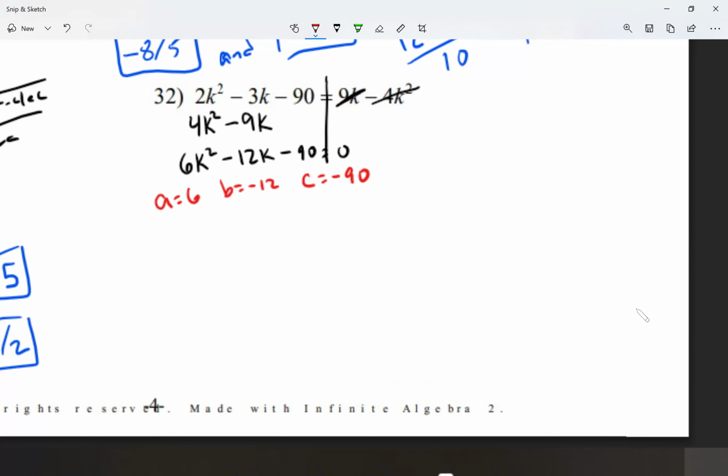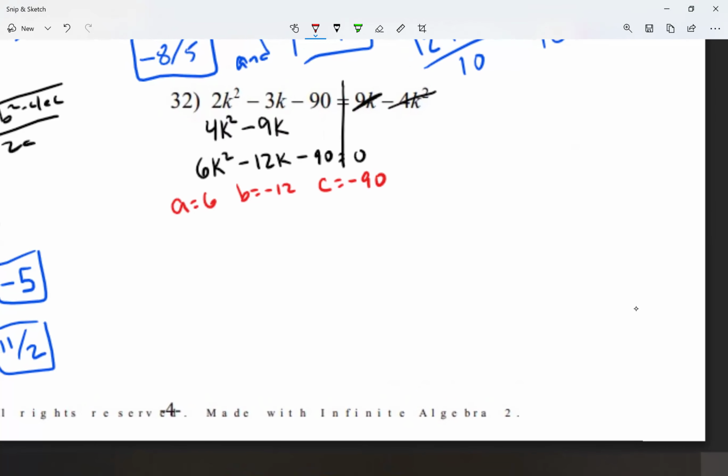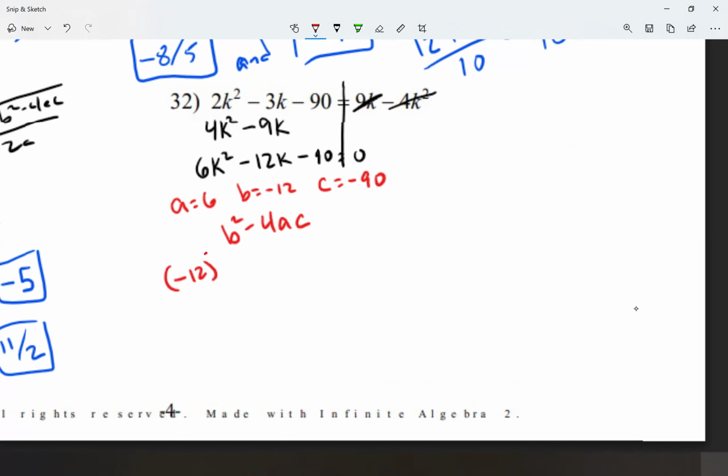Let me work my discriminant. Remember the discriminant was B squared minus 4 times A times C. So I have negative 12 squared minus 4 times 6 times a negative 90.